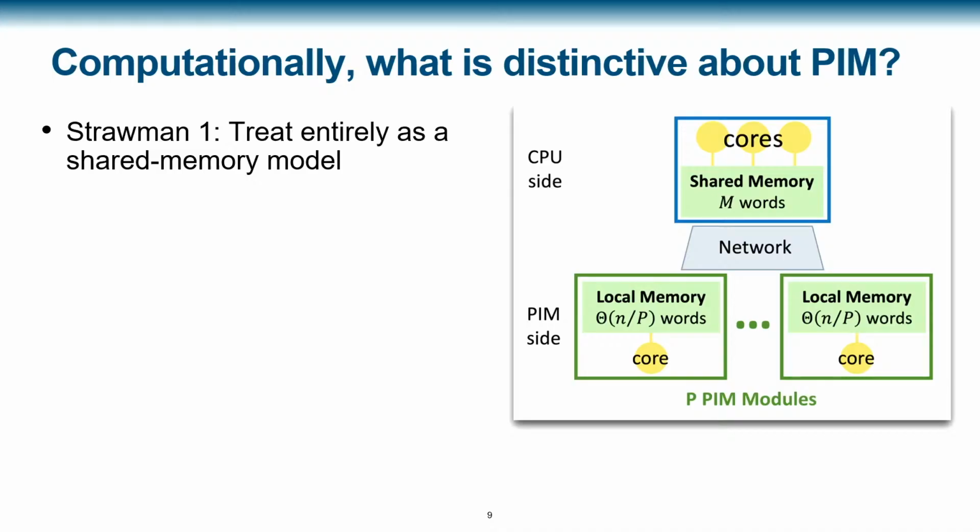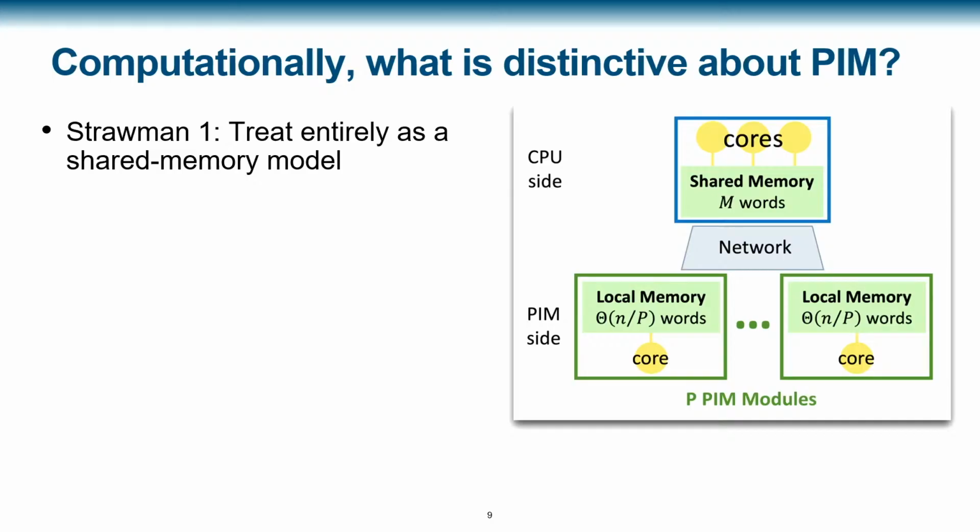If that were a reasonable thing to do, there would be no reason to have a model with two sides, a shared and a shared. You'd just say the machine looks like that, but I'm going to program it as if the whole thing were shared memory. Can anybody see the issue with that?